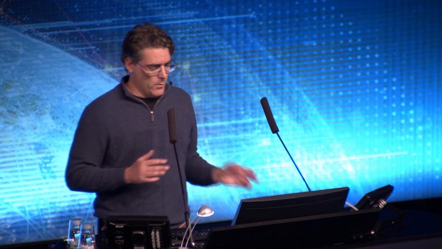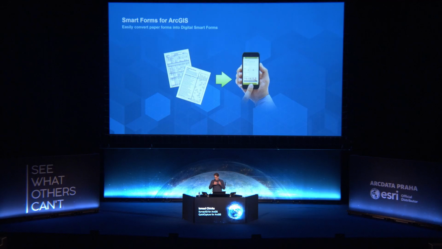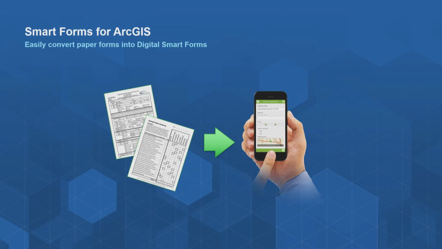The meaning in life of Survey is to help you transform these paper forms into a digital smart form that runs on your mobile device, on a web browser, or on your desktop, actually. So when people enter the data, you can send it straight into ArcGIS.